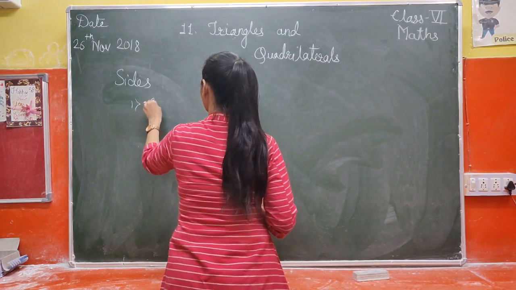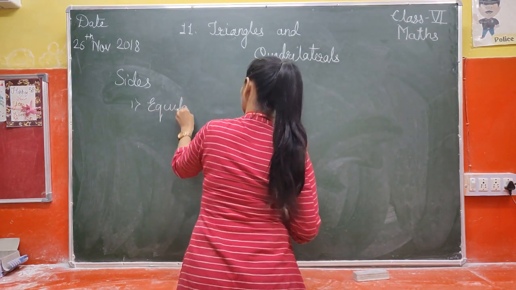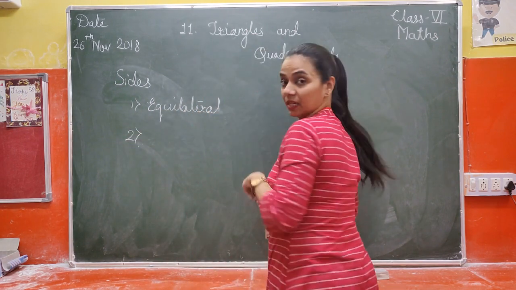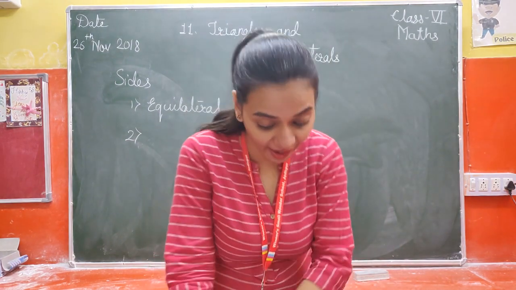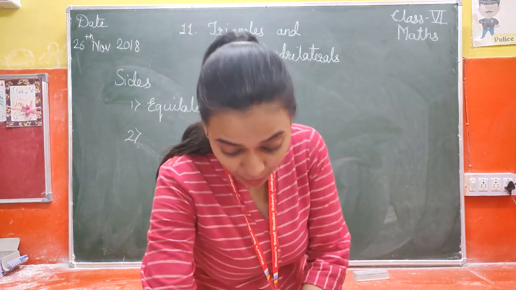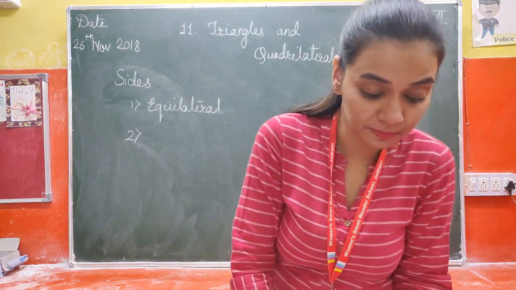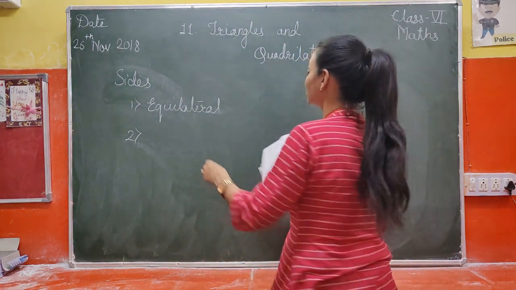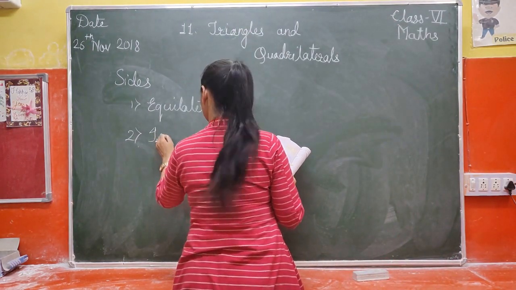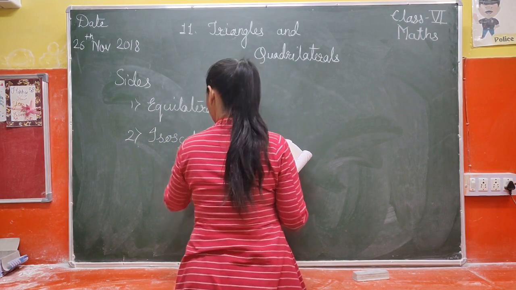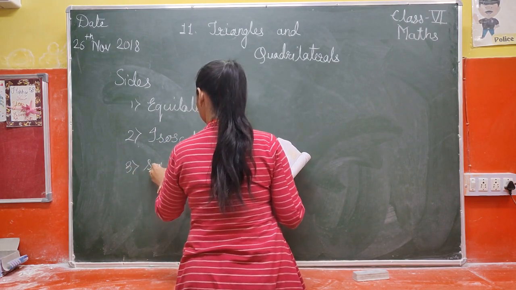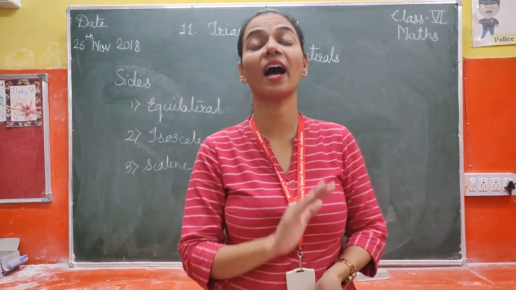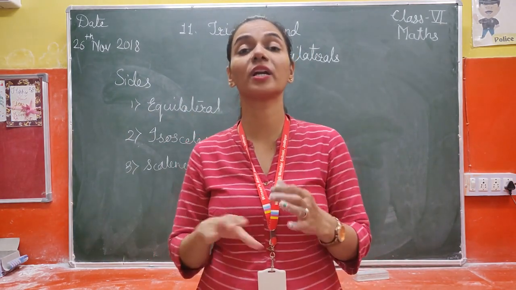First is equilateral triangle. Second, do you remember them? Here they have already given them. You can open page number 194: isosceles triangle, and the third one is scalene triangle. These are the 3 types of triangle, divided according to their type.